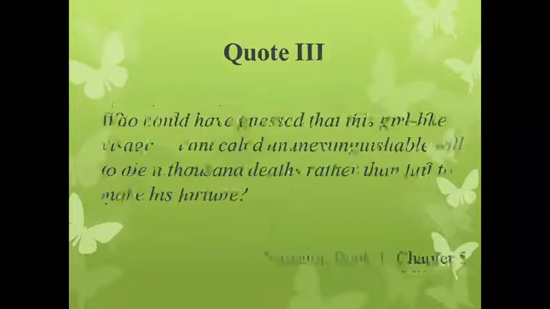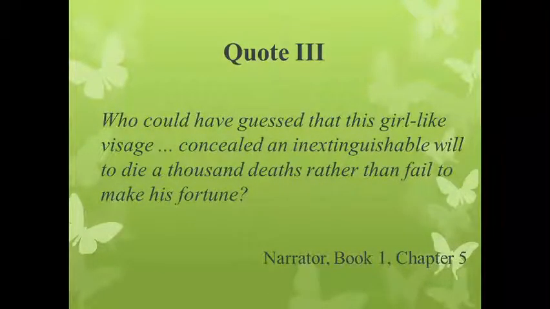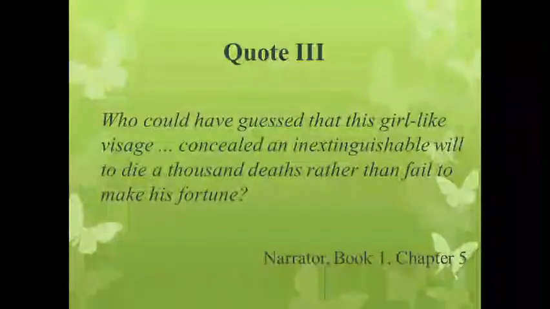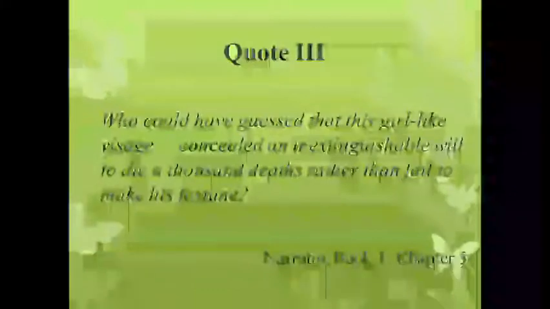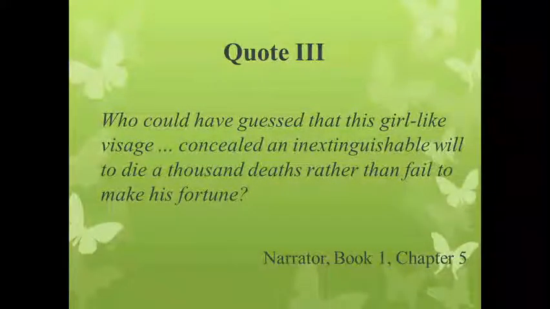And quote 3 is by the narrator again, from Book 1, Chapter 5. You can read this quote, and here the narrator refers to Julien Sorel, a 19-year-old who is fine-boned, pale, slight, and exceedingly handsome.